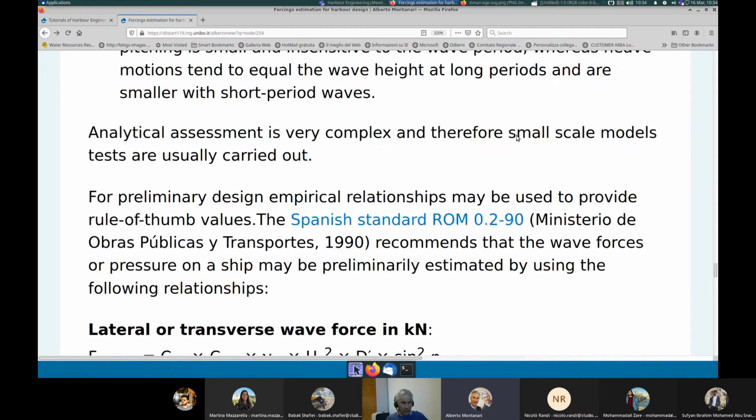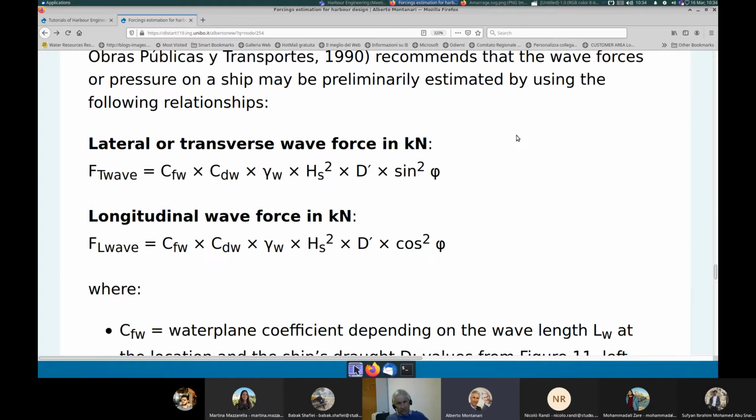And now keep in mind that these two forces are applied to this. Basically, this force is applied to the center of gravity of the immersed area of the ship.